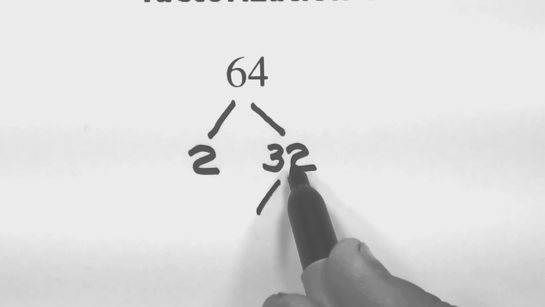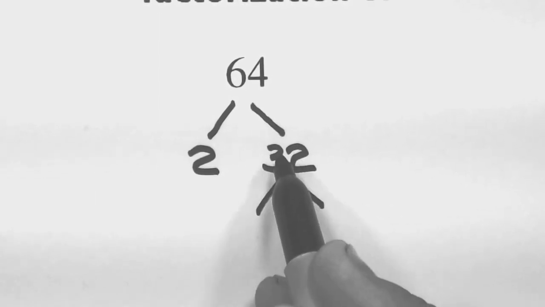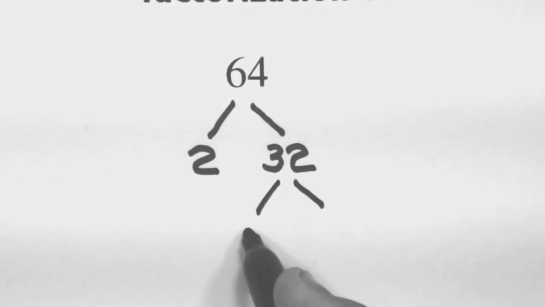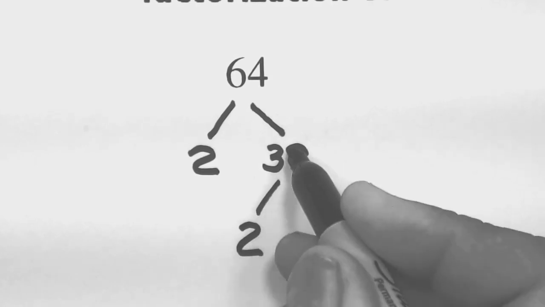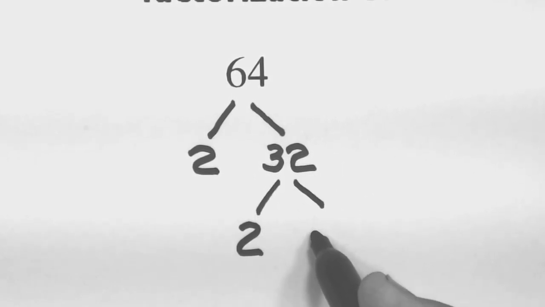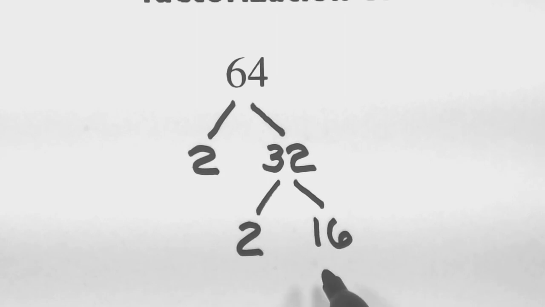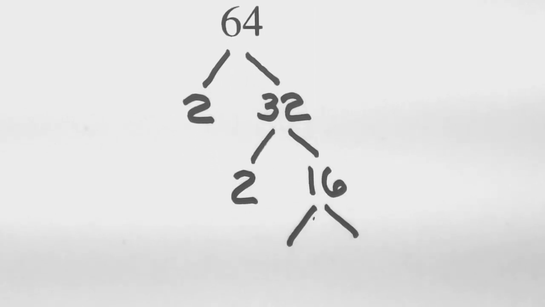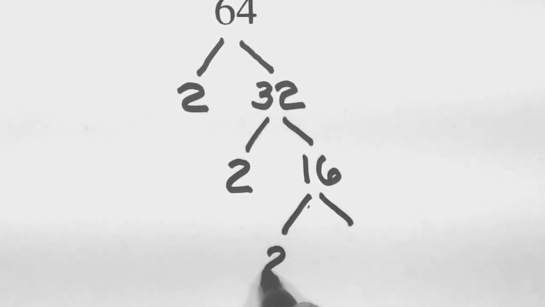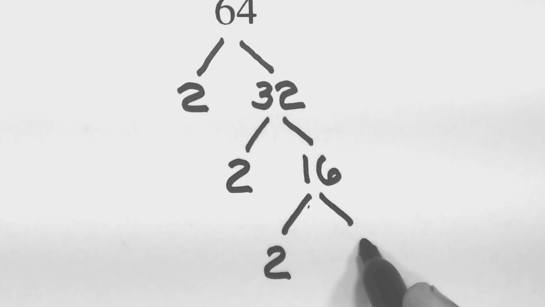Now 32 is still even. So while our number is even, keep pulling out 2's. Well, 2 times what equals 32? 2 times 16. Well, guess what? 16 is also divisible by 2, so that means it's got another 2 in itself. 2 times what is 16? 2 times 8.